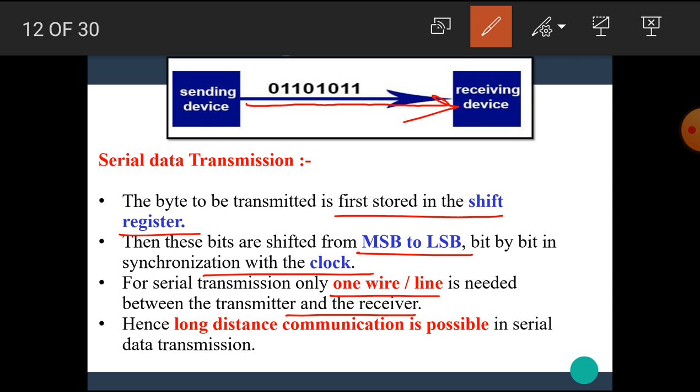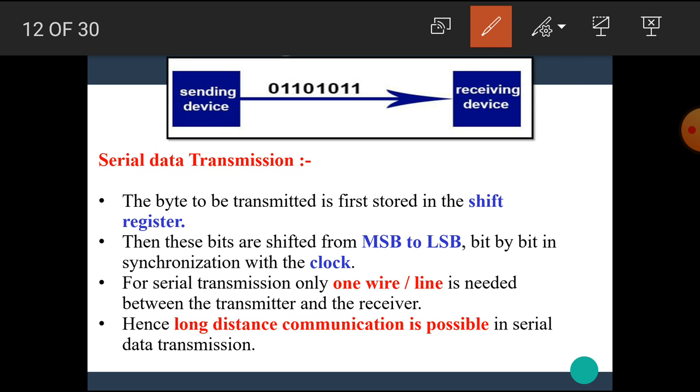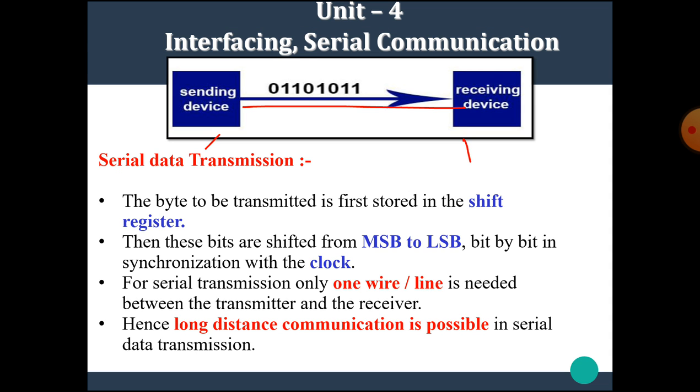Hence, for long distance communication, serial data transmission is preferred. The reason is that between the transmitter and the receiver, only a single wire or line is used, which reduces the complexity and the cost of the entire system.